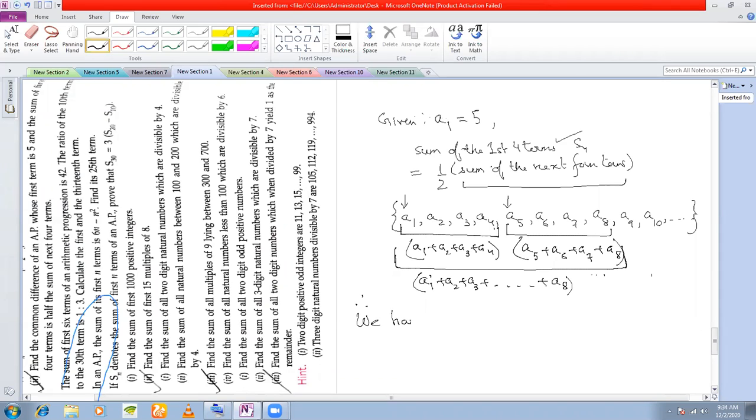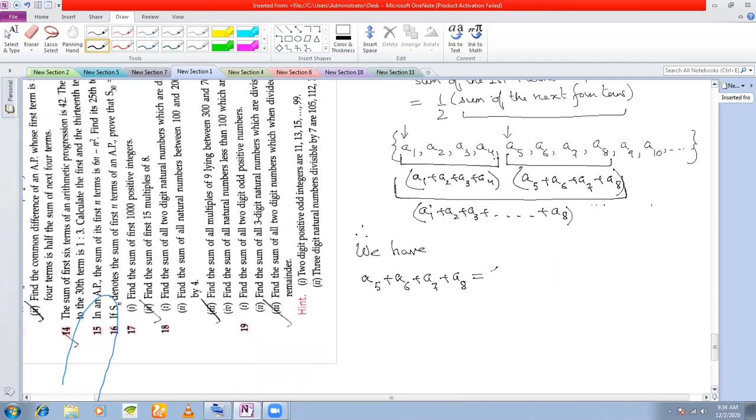That is what I'm doing. We have A5 plus A6 plus A7 plus A8, and that is what we need to find. If I take the sum of the first eight terms, A1 through A8, and subtract A1 plus A2 plus A3 plus A4, will I get it or not?